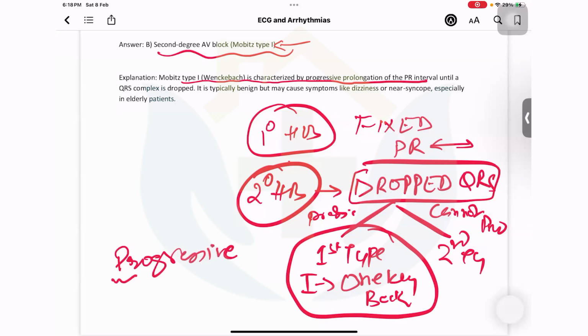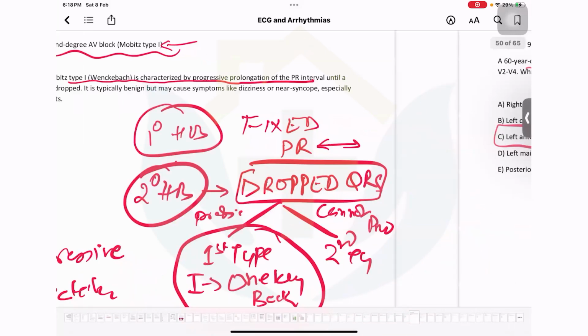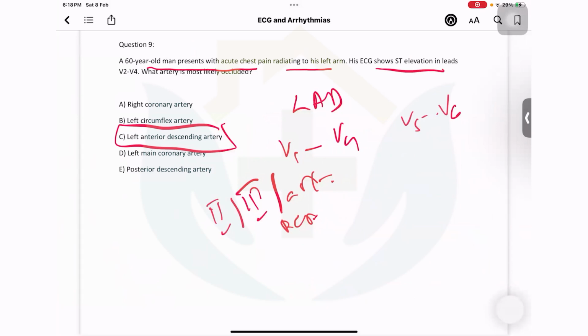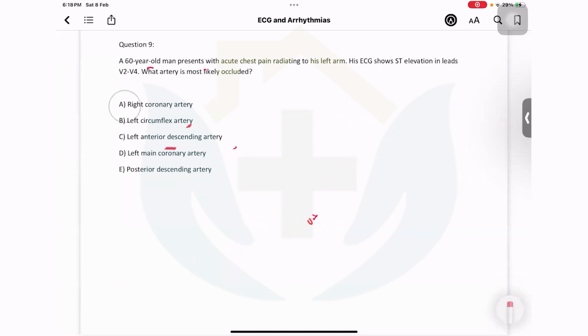So progressive, predictable. This patient has a progressive PR interval prolonging. That is known as Wenckebach. So it is Mobitz type 1.